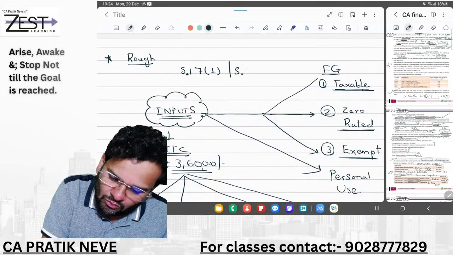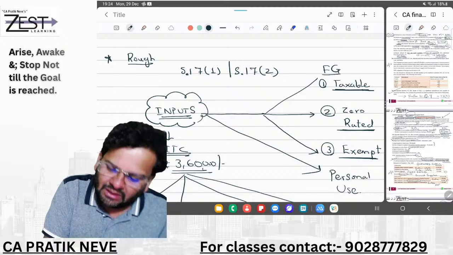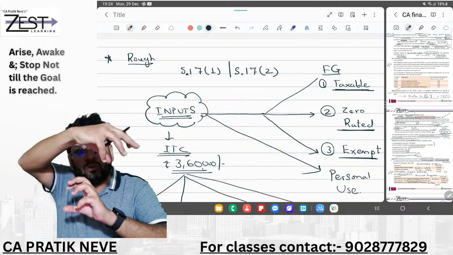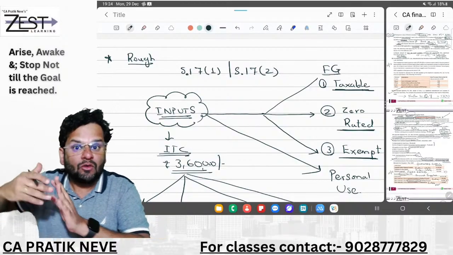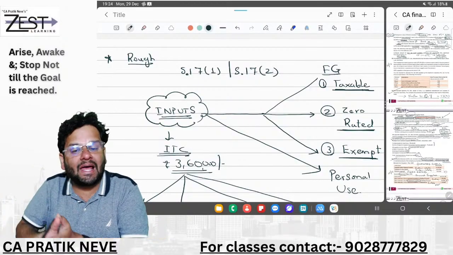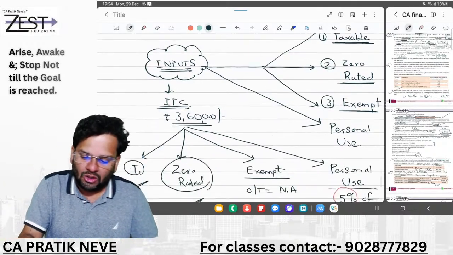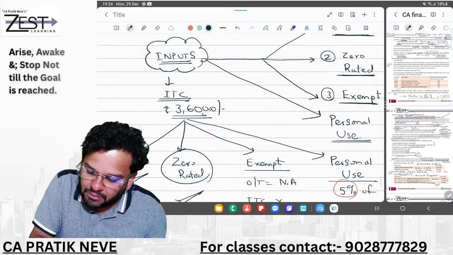And what is 17(1)? 17(1) is when the inputs or inward supply is used commonly for business use as well as personal use. So ITC is not allowed to the extent used in personal use.